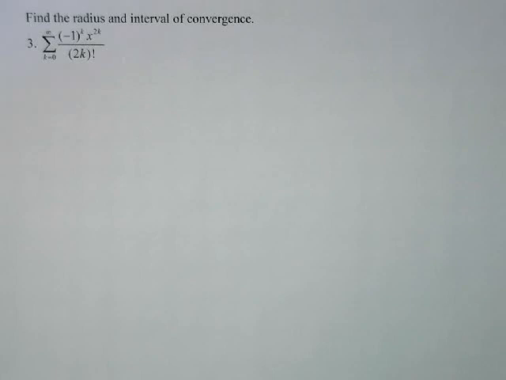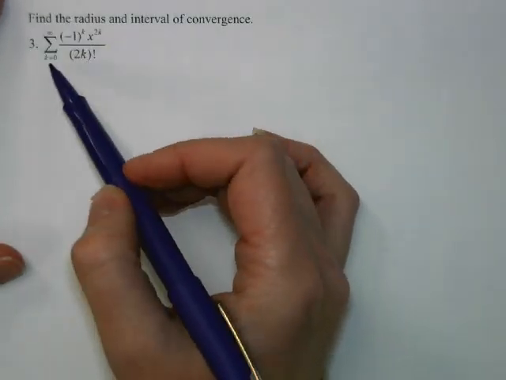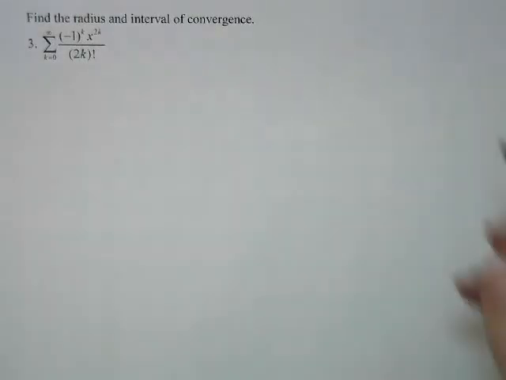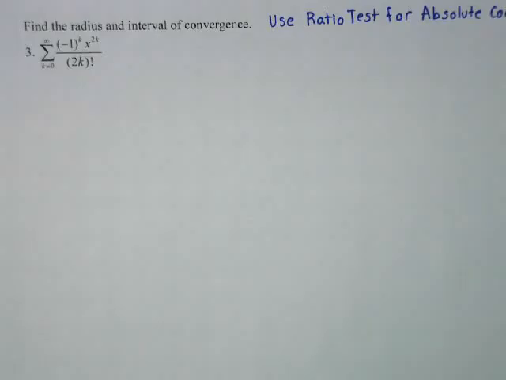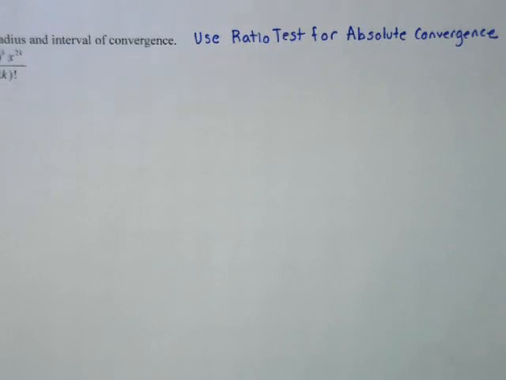Okay, so we've got a bunch of different examples where we're going to find both the interval of convergence and the radius of convergence. So notice we have a sigma notation with k, and we have an x here. To do this, we're going to use the ratio test for absolute convergence.